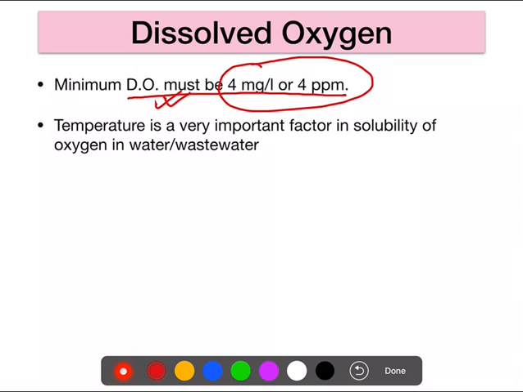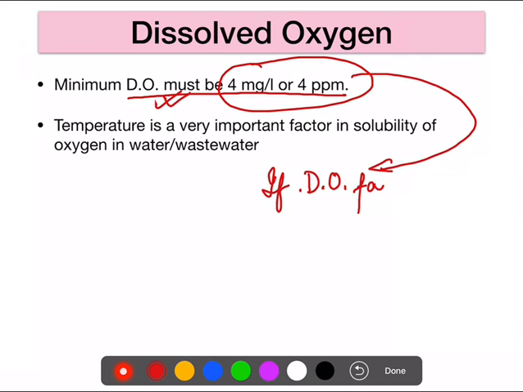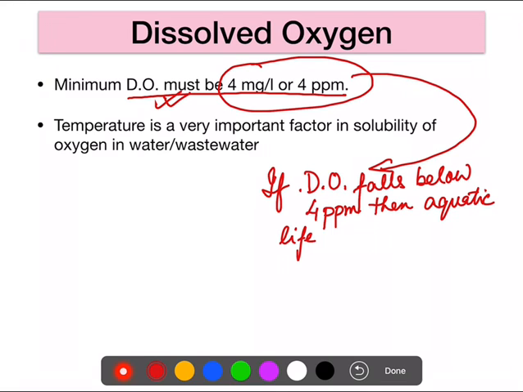That means, I am writing here: if DO falls below 4 ppm, then aquatic life will be hampered or will be damaged.